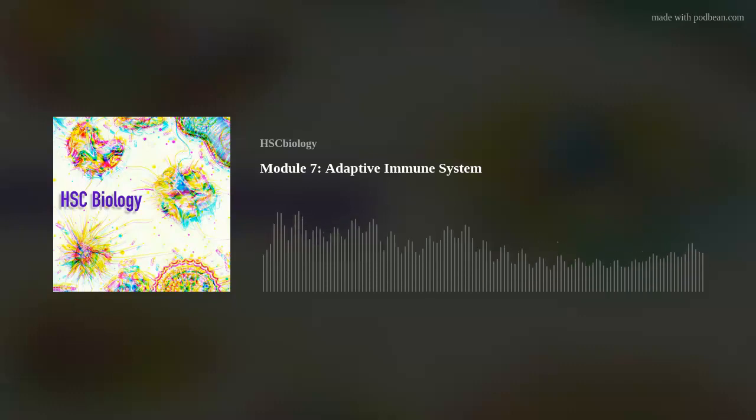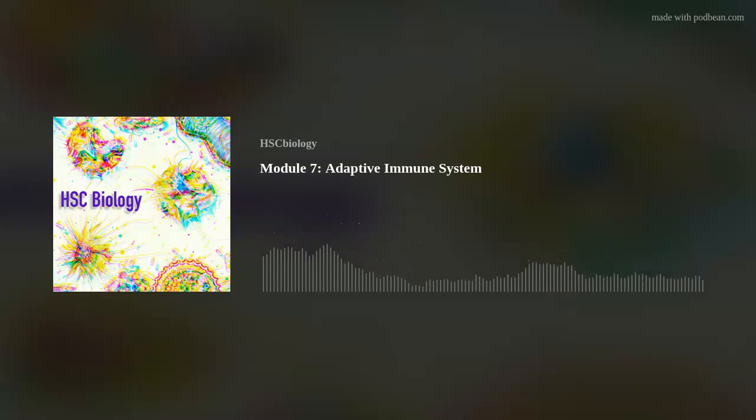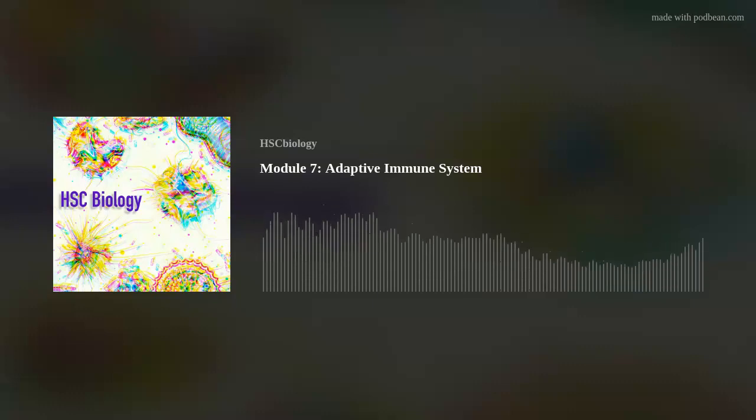And that MHC2 marker is once again going to attach to a T helper cell. And the T helper cell is going to decide what to do. So there's three cells there. We've got the macrophage that can do it, we've got the B cell or naive B cell, and we've got the dendritic cell. All have the ability to display this very specific antigen to the T helper cell.